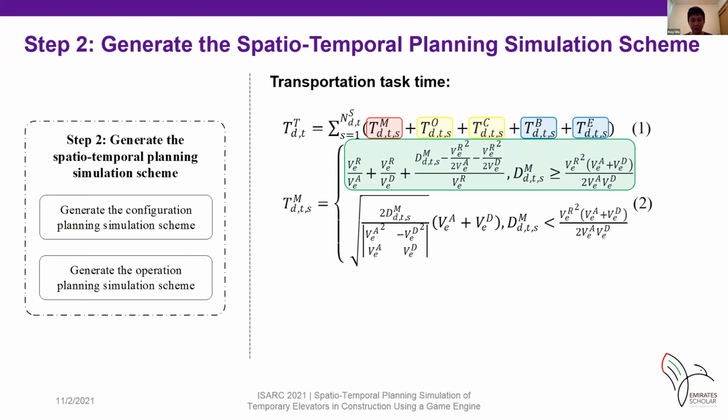Otherwise, the second fraction is used. This equation is derived from the acceleration and deceleration equations, and the condition is that the final velocity at the end of the acceleration equals the initial velocity at the beginning of the deceleration.